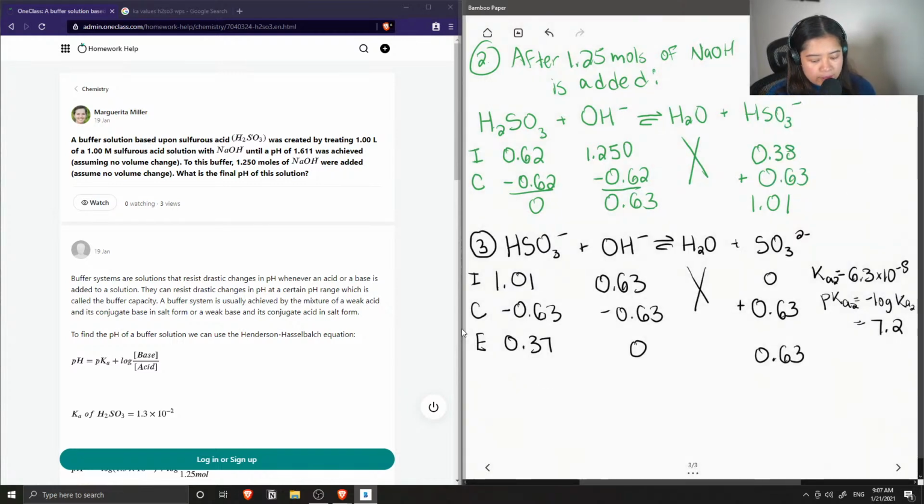So now we need to know the pH of this final solution. So pH is equal to the pKa. So this time we are concerned with pKa2 plus the log of the concentration of our conjugate base divided by the concentration of our acid.